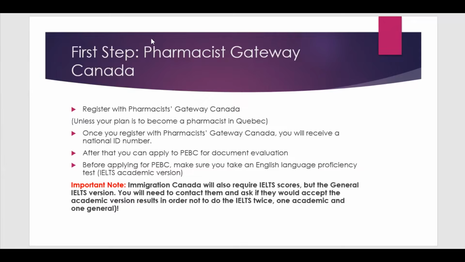Of course, this is the first step in the process: to register with the Pharmacist Gateway Canada and choose a province where you want to be licensed. Now, you have to be very careful here. You can't just choose a province based on other people's experiences. You should know where you want to practice, because different provinces have different laws and different processes as well, and some provinces pay less in dollars than other provinces.